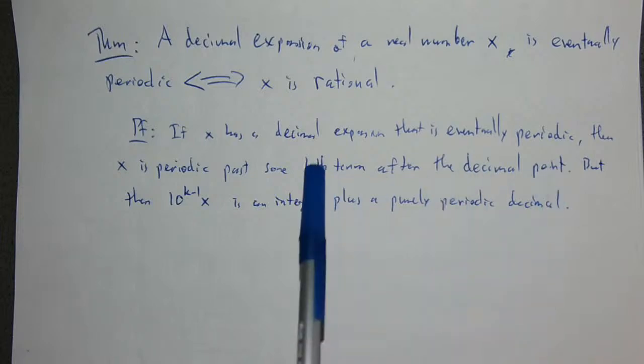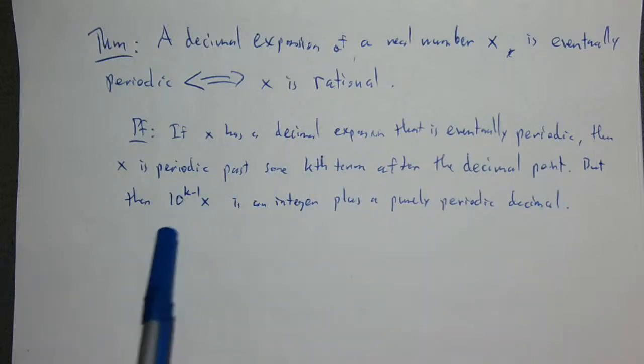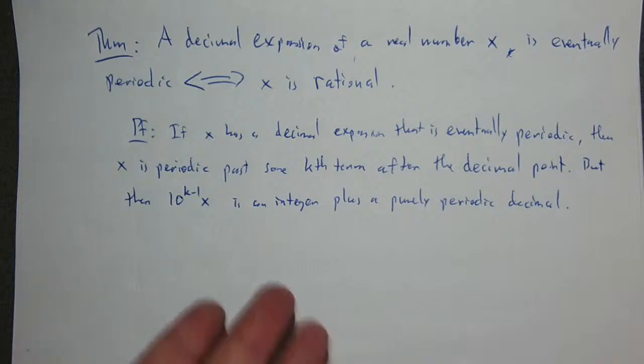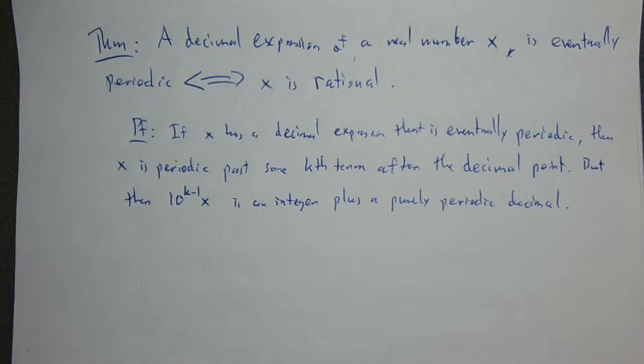If it starts repeating after the kth term, you multiply by k minus 1 copies of 10. And that just shifts the decimal point right all the way till the point it starts repeating. And so now it's just an integer, that's everything to the left of the decimal, and behind the decimal, you have the part that repeats. So it's a purely periodic decimal.